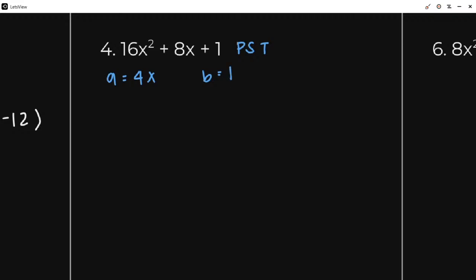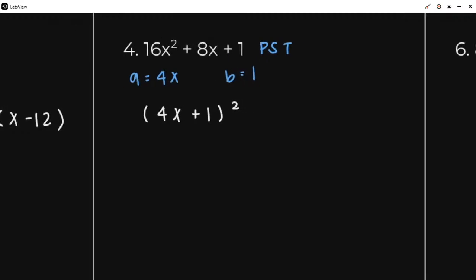So you just want to check that the middle term is actually plus 2ab or minus 2ab. So 2ab would be 8x, right? And we have 8x here. So that means it is a perfect square trinomial. So this would be 4x plus 1 squared.